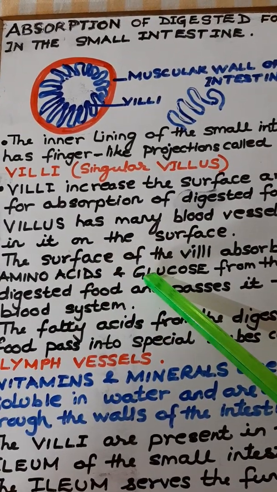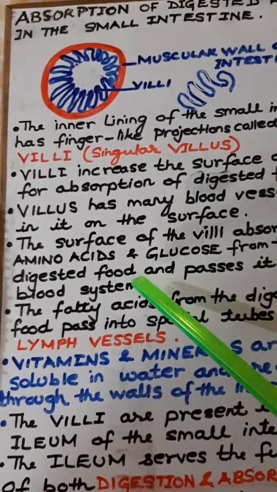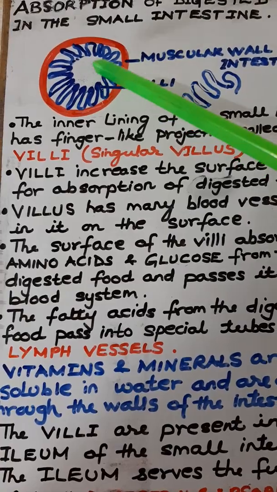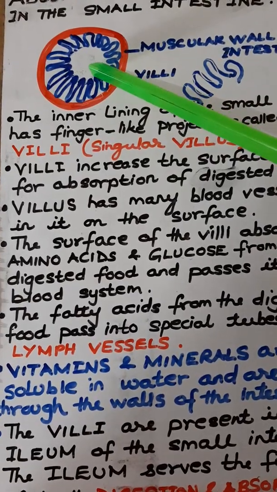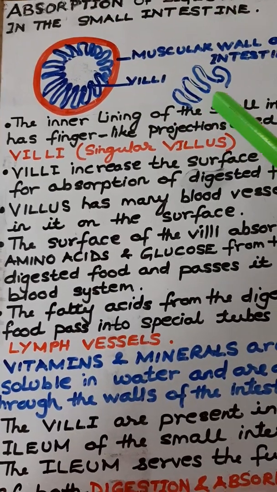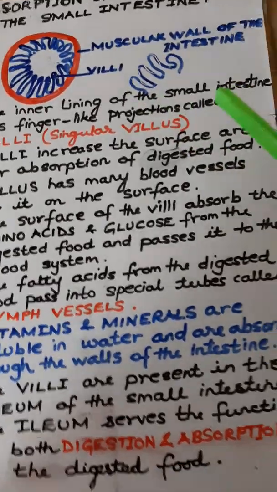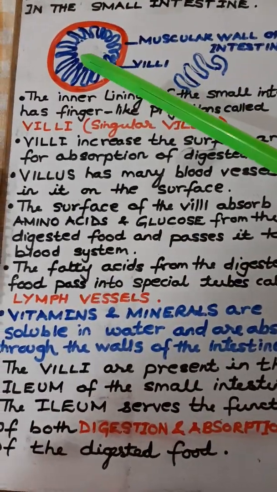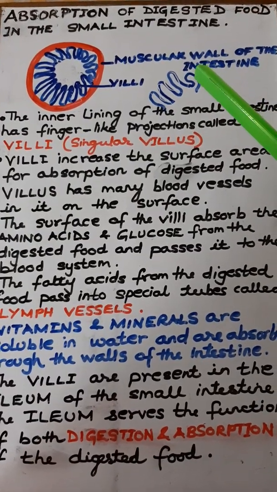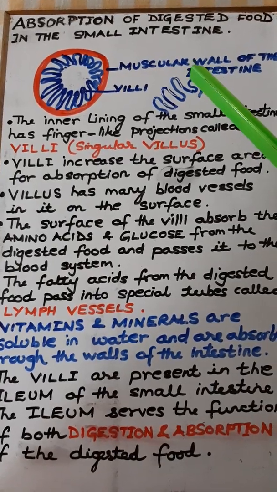Also glucose, the simplest form of carbohydrate, from the digested food. So the villi absorb amino acids and glucose from the digested food, and pass them to the blood system, because there are blood vessels on the surface.